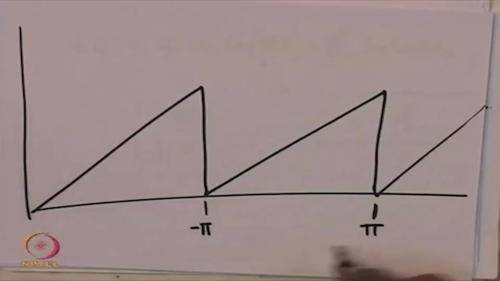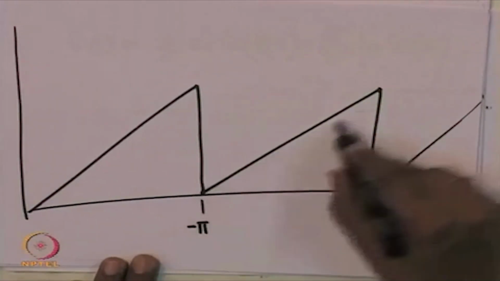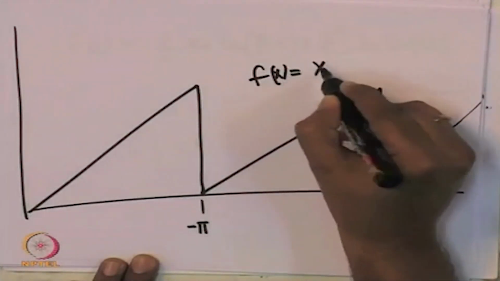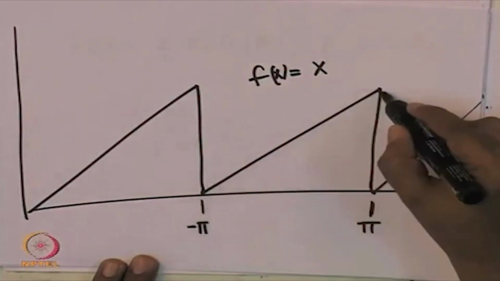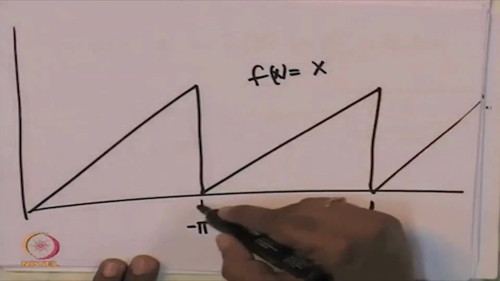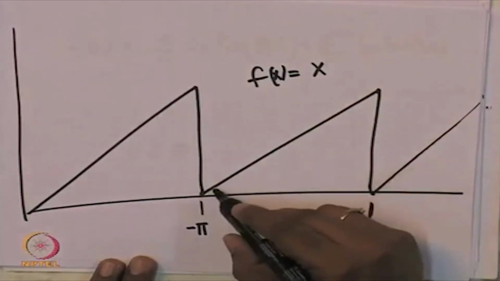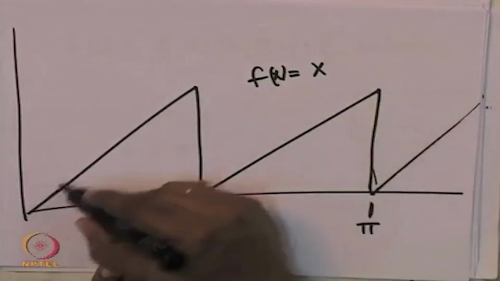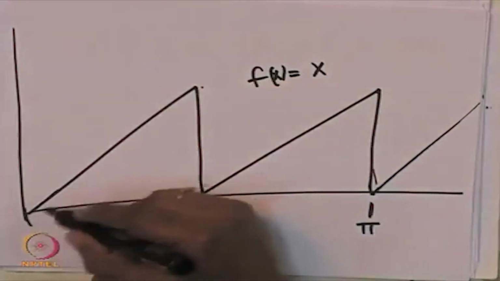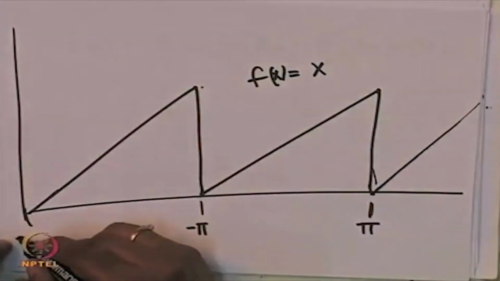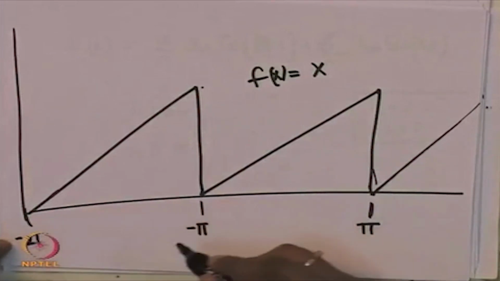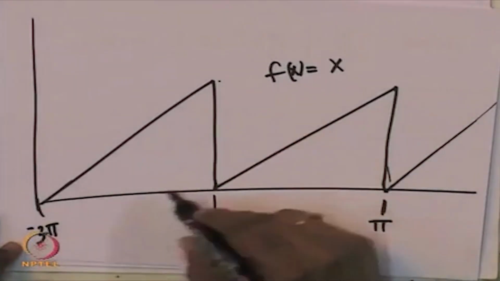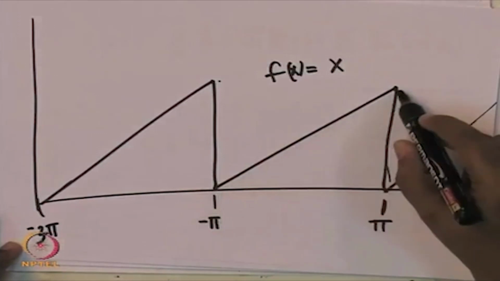Between minus pi and plus pi, our function goes like a line. This is f(x) between minus pi and plus pi. Then after pi, it suddenly falls down again and just starts from here. So, between these intervals of 2 pi, between minus 3 pi and minus pi, it is like a line. Again between minus pi and pi, it is like a line.